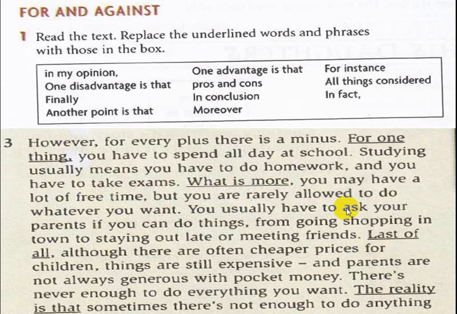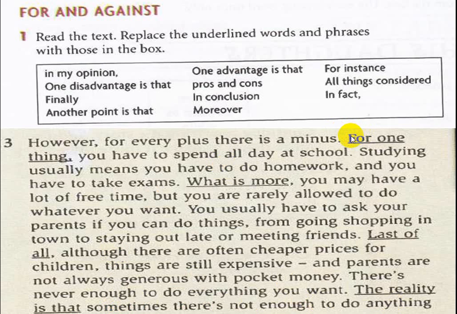You usually have to ask your parents if you can do things, from going shopping in town to staying out late or meeting friends. Last of all, although there are often cheaper prices for children, things are still expensive and parents are not always generous with pocket money. There is never enough to do everything you want. The reality is that sometimes there is not enough to do anything at all.